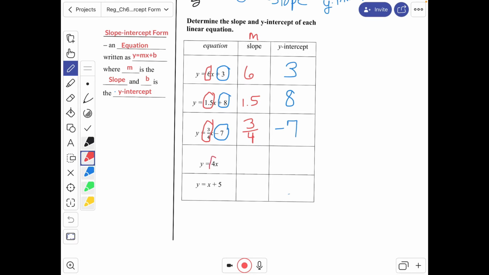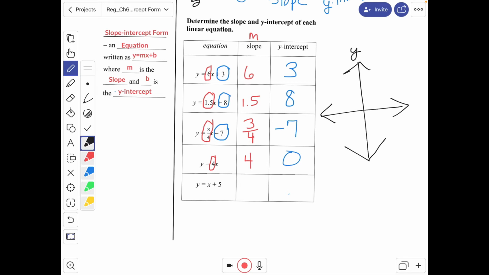The next one, the number being multiplied by x is 4, so that's the slope. But then there's not any number being added. So if there's nothing being added, nothing would be 0. The y-intercept is 0. And if you think about it, y-intercept is where it crosses the y-axis.